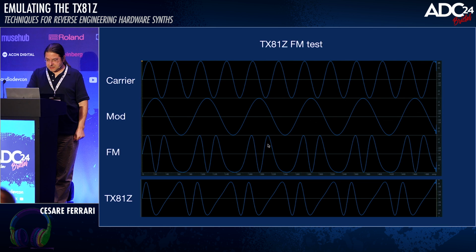And if you look at it, what's this FM output? It looks great. When the modulator is high, it's wiggly, high amounts of modulation. When the modulator is low, it's slow, low amounts of modulation. So it's doing the right thing. But the TX81Z has a similar sort of high, wiggly, and low. This here is this sort of rising edge, just stretched out.